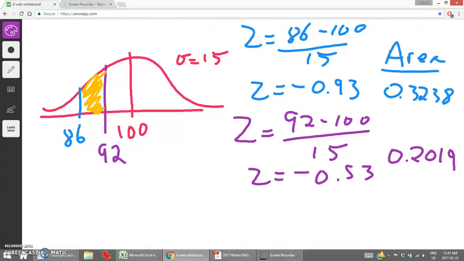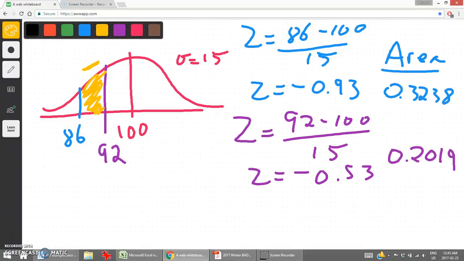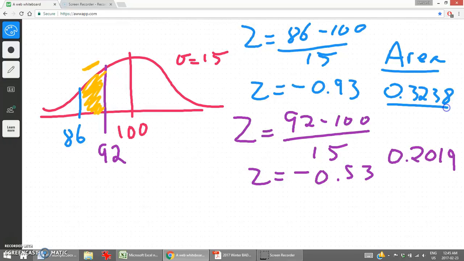Okay, to get our final answer, we know that we can't add those together, because if we look at this area in here, it is but a small part of half of the normal distribution. So a couple things to remember is, let's work with this area here, 0.3238. This area goes from this value here to the middle.